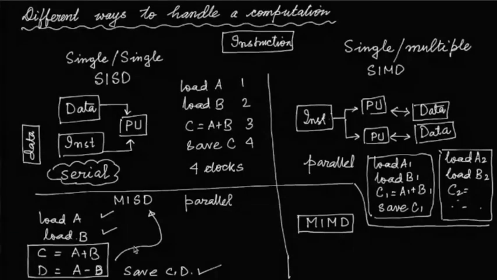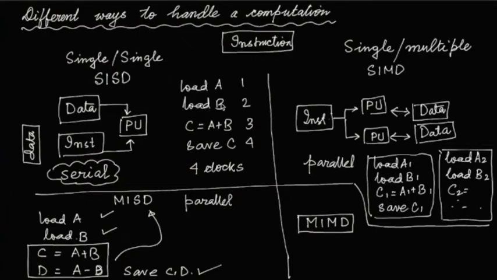Let's ask the question: I can do it in many different ways. We have also understood by this time that, for this program in the single instruction, single data mode, if I have to just add A and B to C, there is absolutely no way I can make a parallel version of this program, because I cannot load A and B to two different processing units, because they need to be added up later.